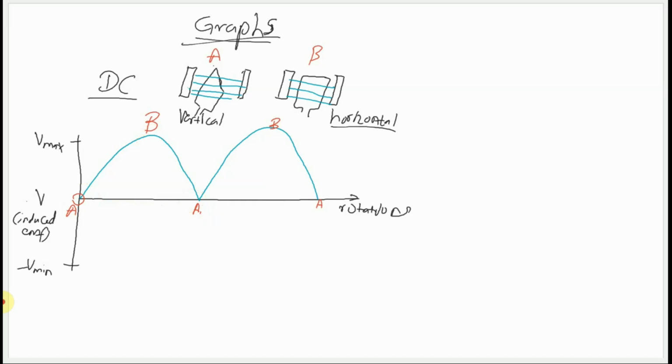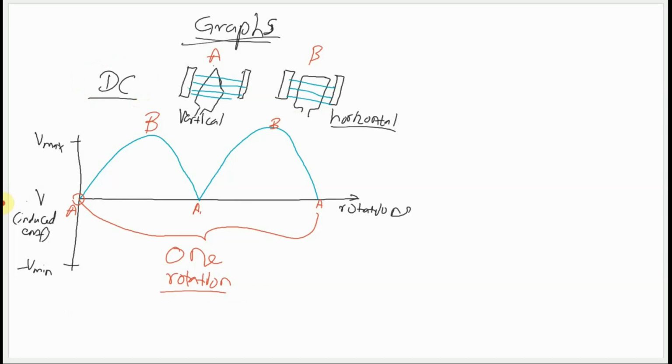Then horizontal and vertical again, so from here to here is one full rotation. I wish there was a way to demonstrate this, but I hope it makes sense. That is how the graph of the direct current looks.